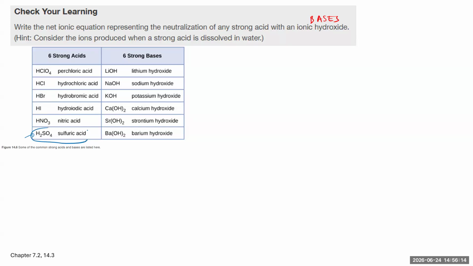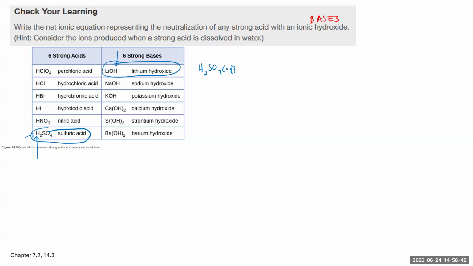Let's do sulfuric acid and let's do lithium hydroxide. I don't think we've done that one. All right. So hydrogen in the front, we're expecting this base to accept the hydrogen and probably that hydroxide. I'm assuming that's what it's going to be. Let's do it.